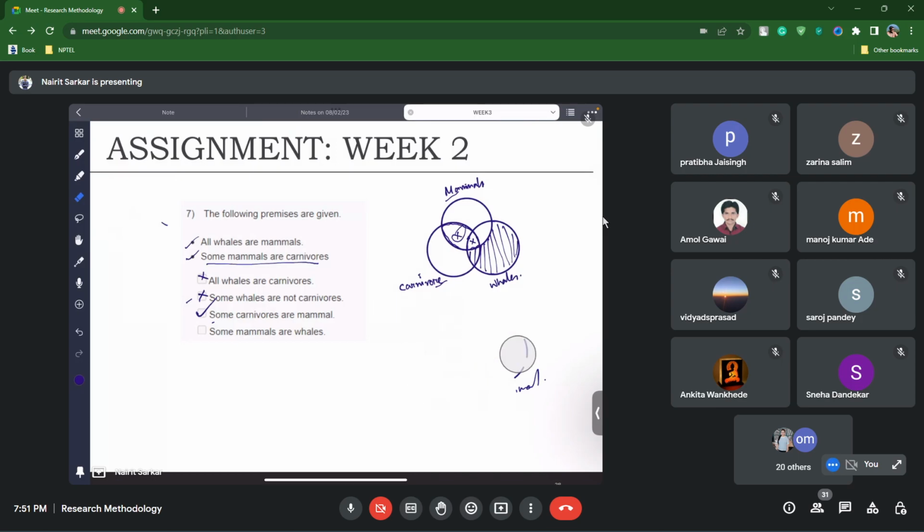Then the last one: some mammals are whales. Here are some mammals which are also whales. Is it valid? This is also valid. Yes, sir, valid.